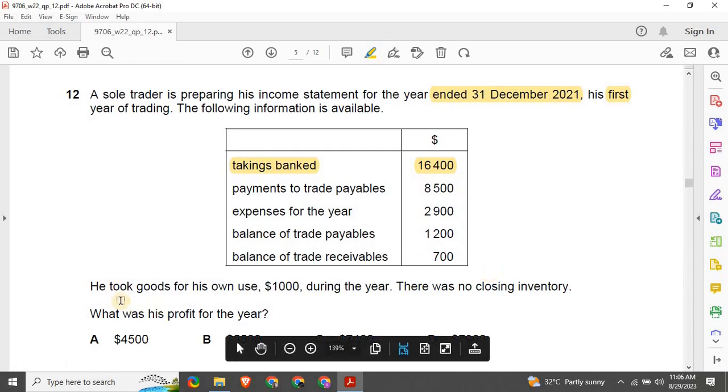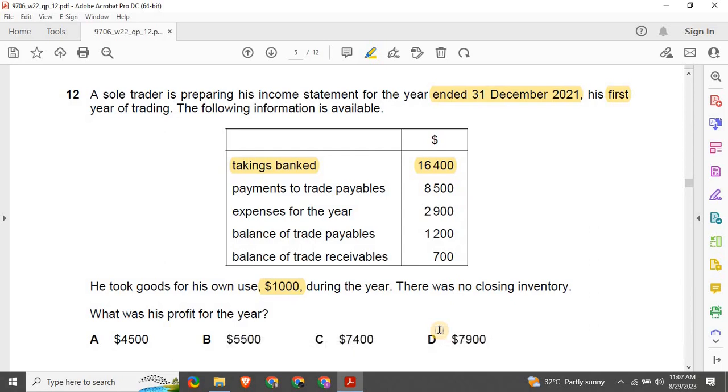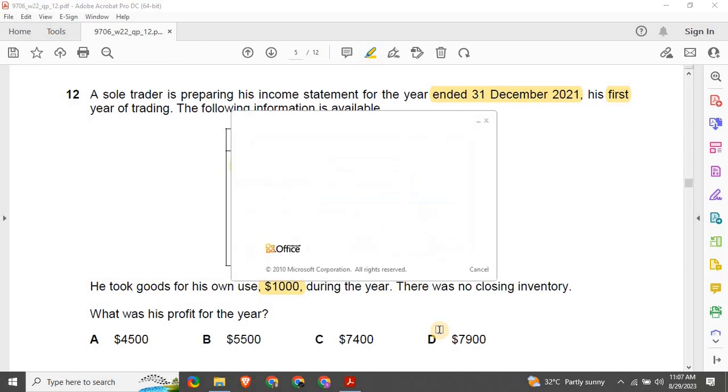There is one more piece of information: he took goods for his own use, 1,000, during the year. So these are the drawings, and we need to remember this one. There was no closing inventory. So what was the profit for the year? There's no closing inventory and no opening inventory. Sales and purchases are not given, but we can find them out. There are drawings as well. So let's work it out in the Excel sheet.